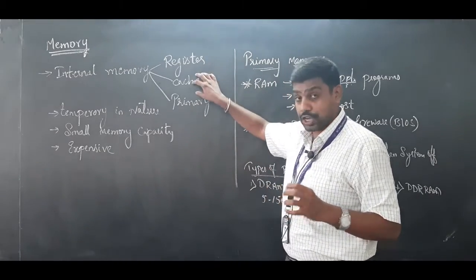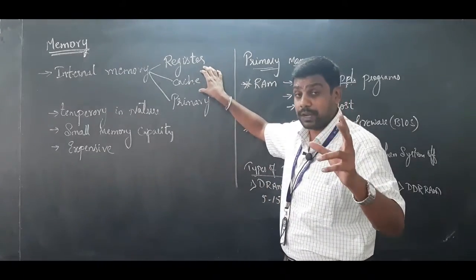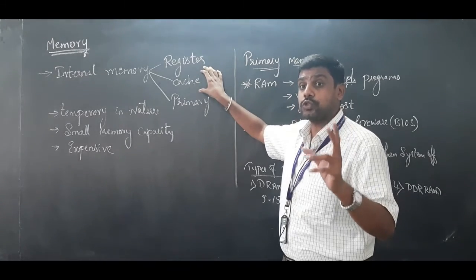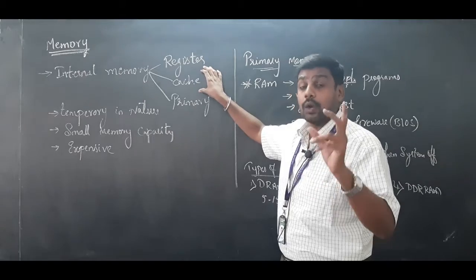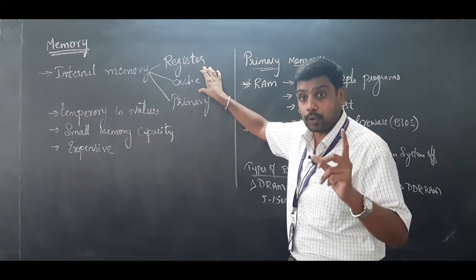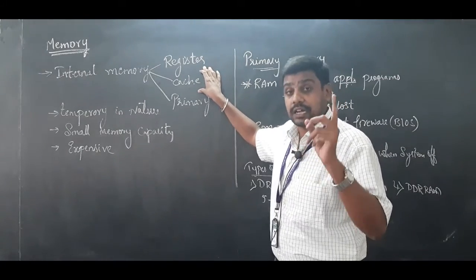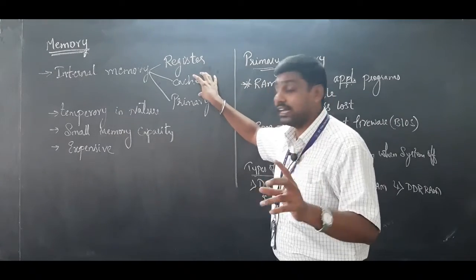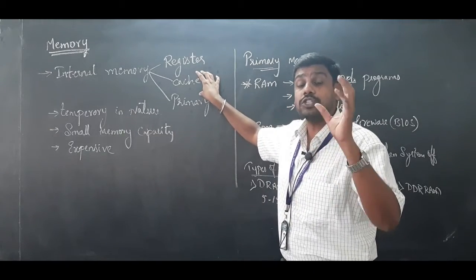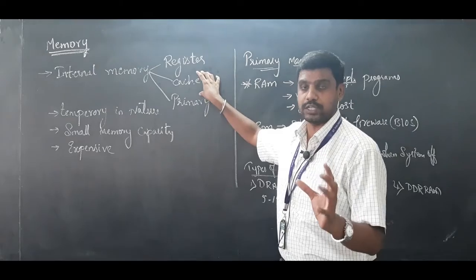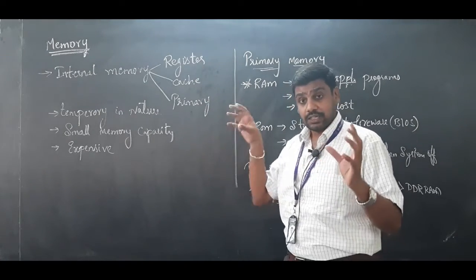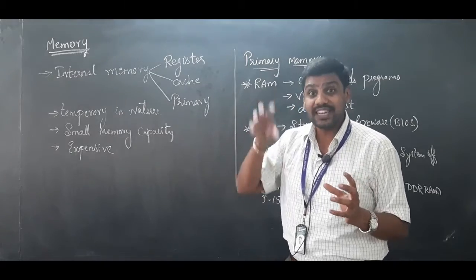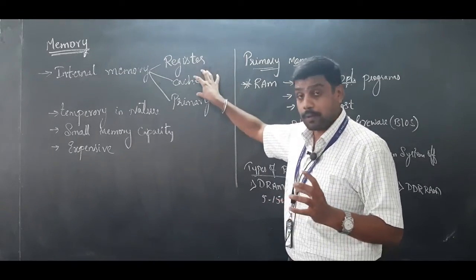Very important question: the cache memory is the high speed memory which is used to access the data very fast so the CPU can process it, and this cache memory holds the data which is most often used by the processor. Clear? Initially the CPU will search for the data in the cache memory.